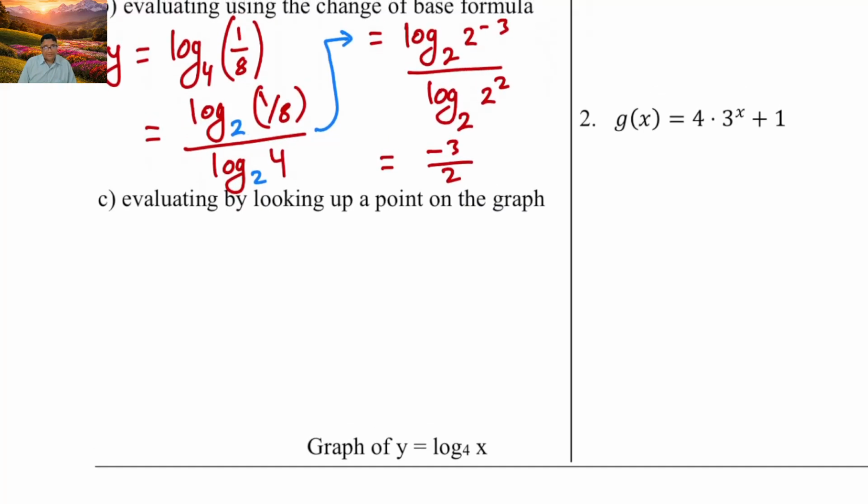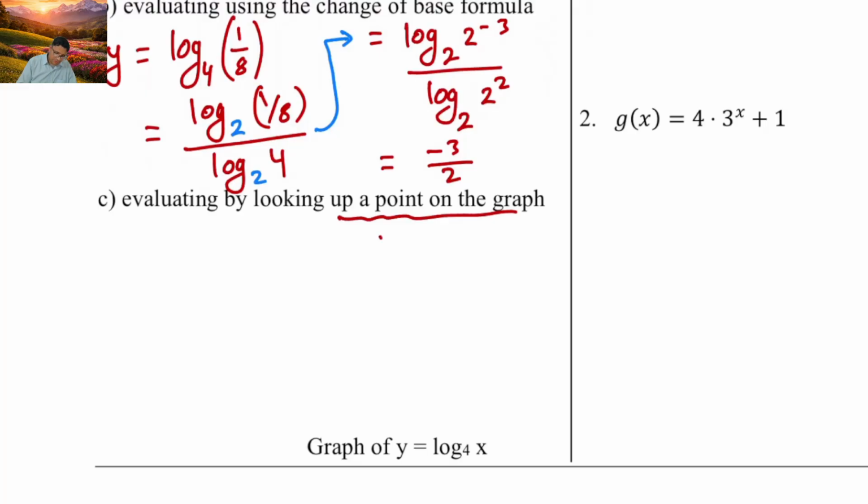And yet one more method would be to just look at the graph. For that, you will be doing this either on a graphing calculator or on an online graphing tool. And then once you have the graph, you go to the point, and which point is what I want you to discuss.